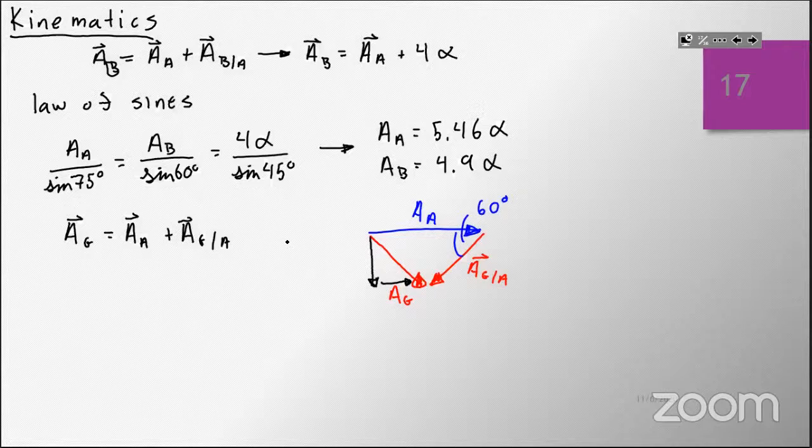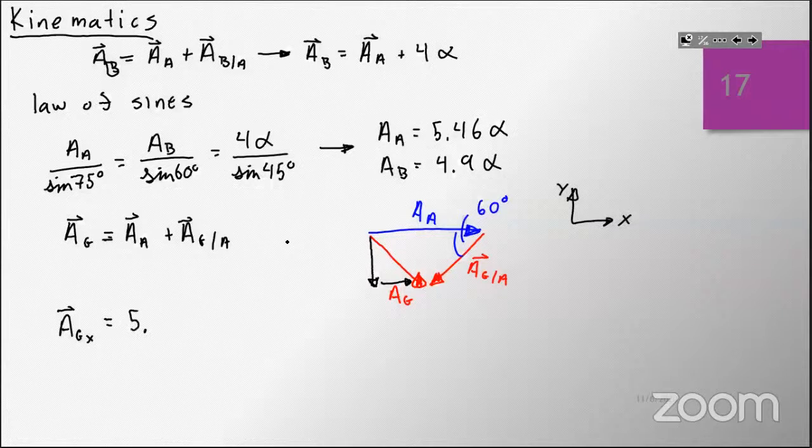So let's talk about this equation. In order to get AG, I need AA. So let's talk about just the X direction acceleration here. Okay. Well, AA is purely in the x. This blue vector goes just in the x direction.